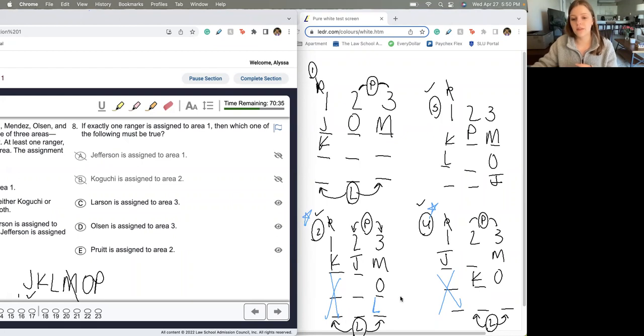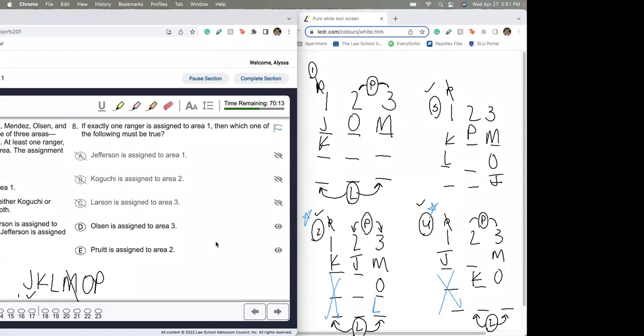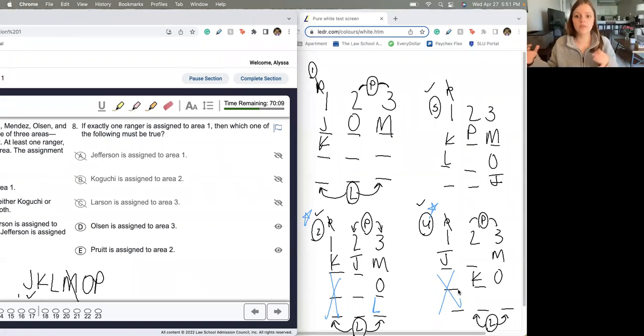Even though it's happening in the 2nd world, I still have it flip-flopping in this 4th world. So C is wrong. Okay. D says O is assigned to area 3. Does that have to happen in both of those worlds? Yes. In both of those worlds that I'm looking at, O is always in 3.